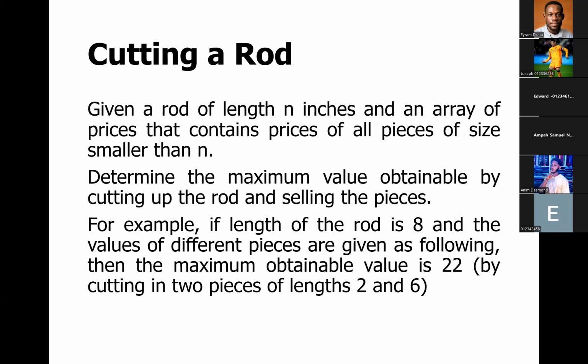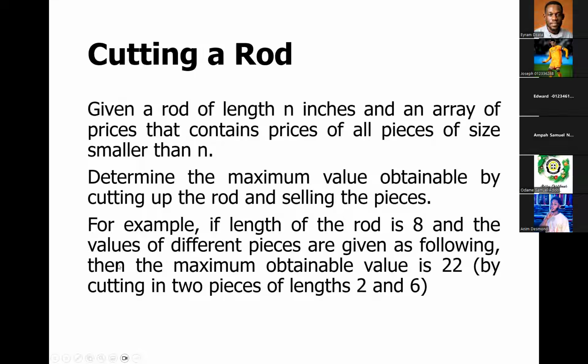Given a rod of n inches and an array of prices, which contains the prices of all the pieces of size smaller than n, determine the maximum value obtainable by cutting the rod and selling the pieces. For example, say the length of the rod is 8, and the values of the different pieces are given as follows.